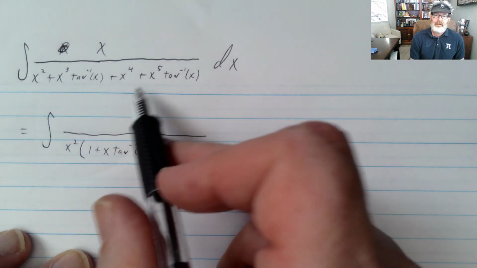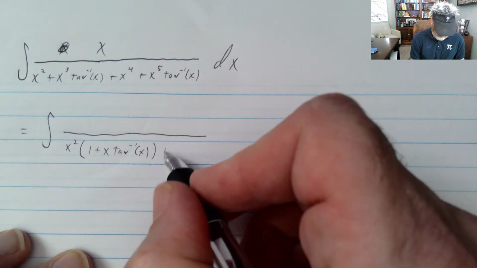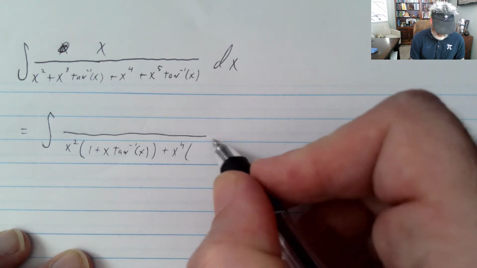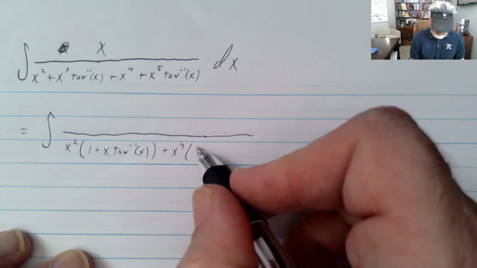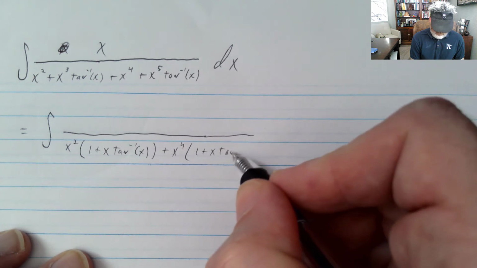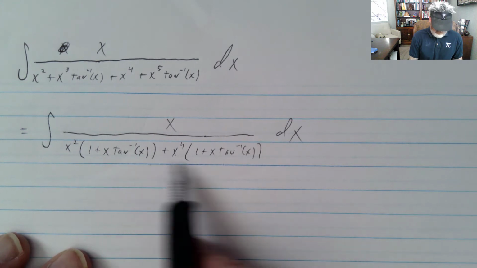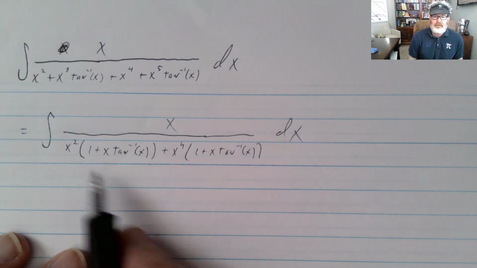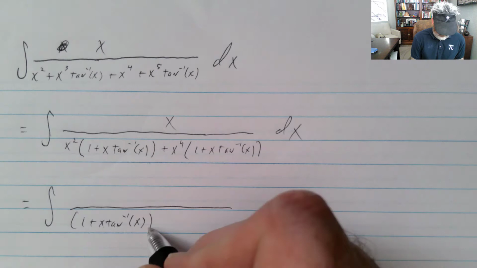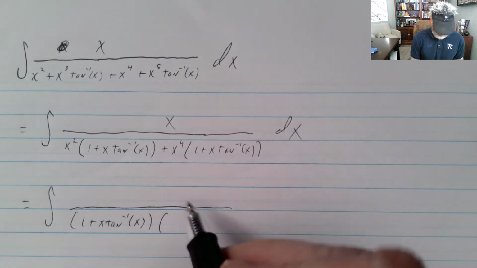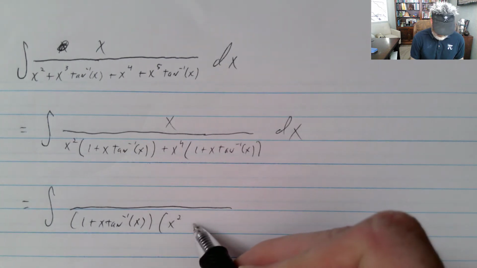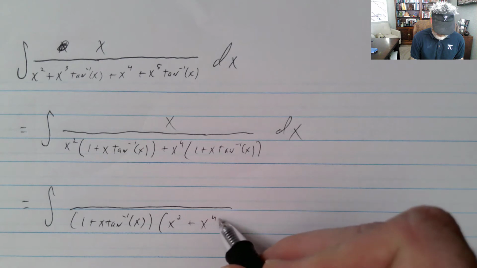we can factor out an x to the 4th here and get the same thing in parentheses, 1 plus x arctan x. And so while we can factor what's in the parentheses out, it's common to both terms there, and so then we'd be left with x squared plus x to the 4th.